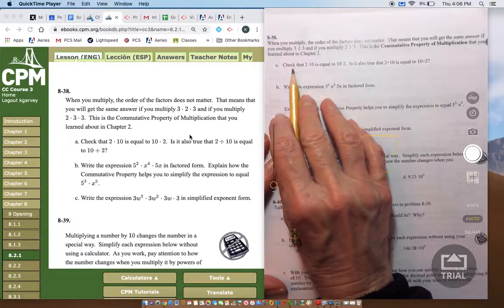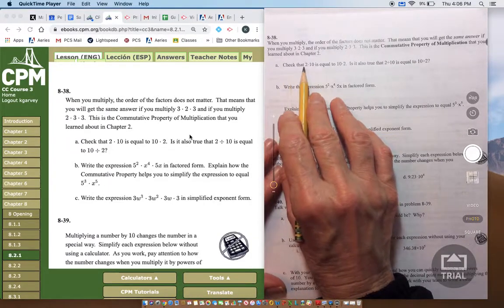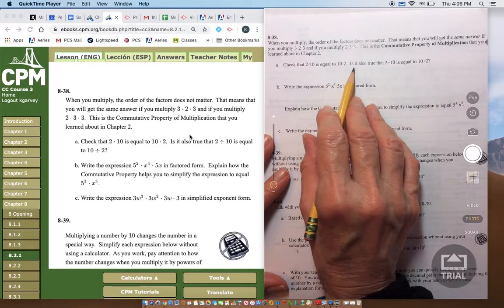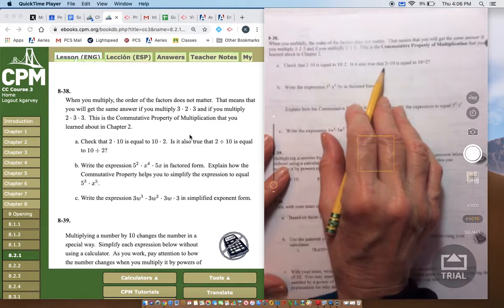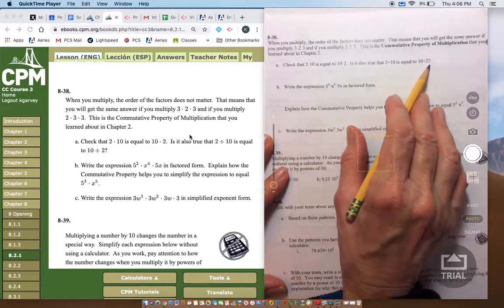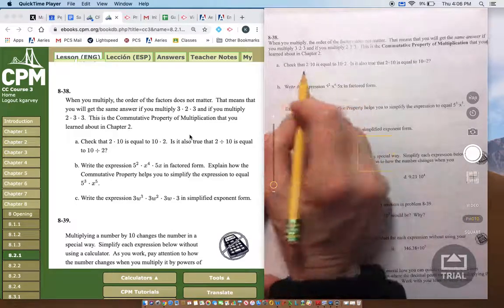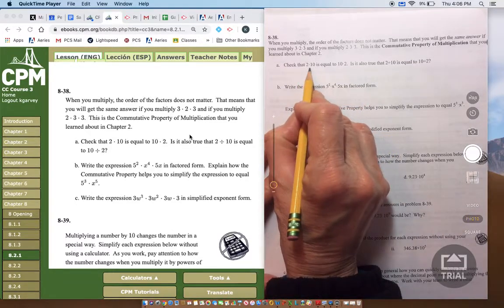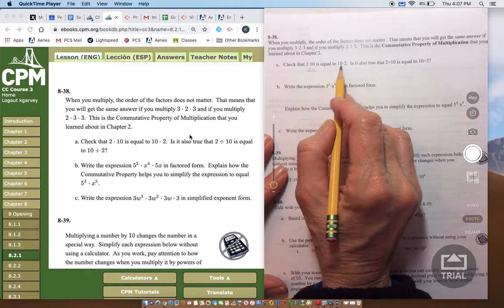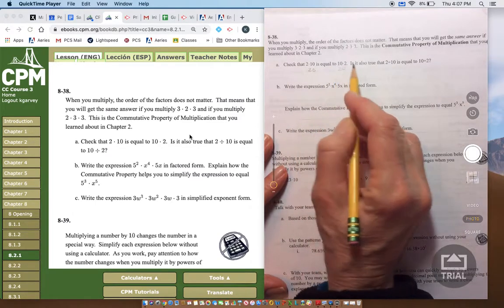All right, they're asking you to check and see that 2 times 10 is equal to 10 times 2. And then they ask you, is it also true that 2 divided by 10 is equal to 10 divided by 2? Well, we know 2 times 10 is equal to 20. And we know that 10 times 2 is also equal to 20.